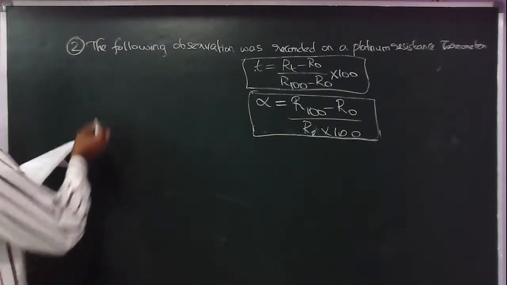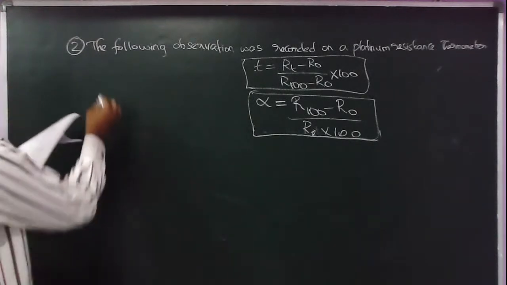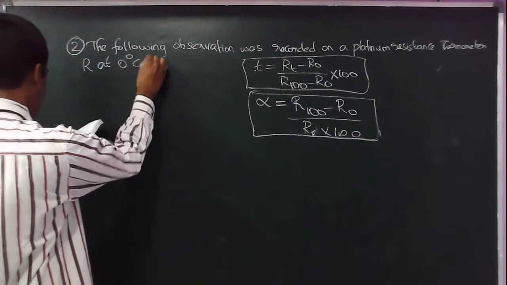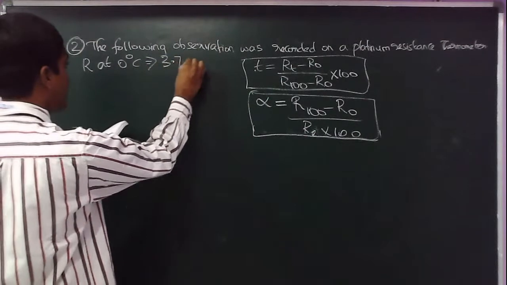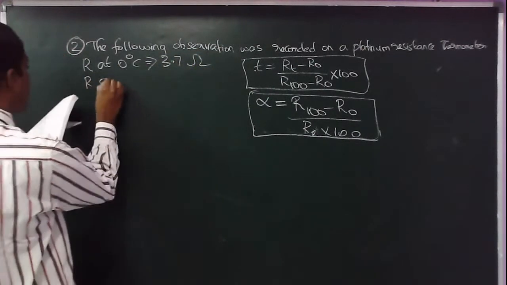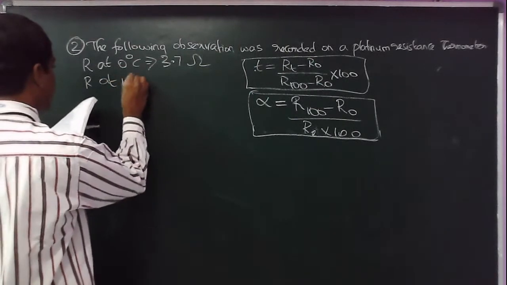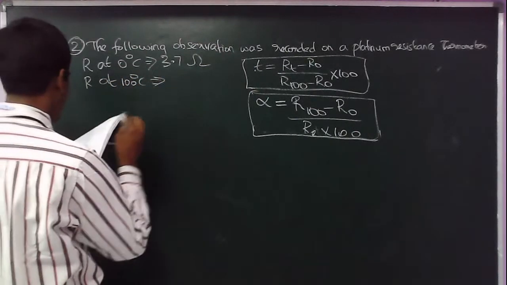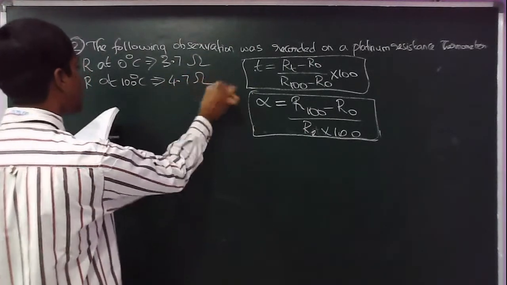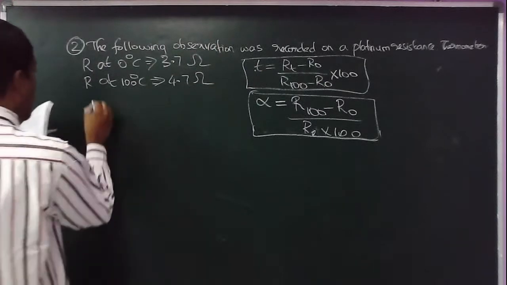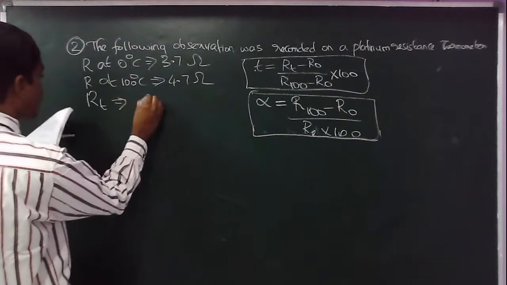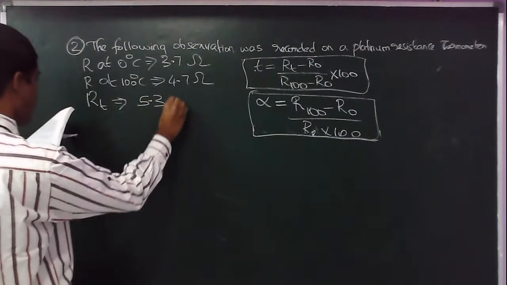They have given R at 0 degrees Celsius, that is 3.7 ohms. Now R at 100 degrees Celsius, that is 4.71, or we can say 4.7. Now RT is 5.3 ohms.